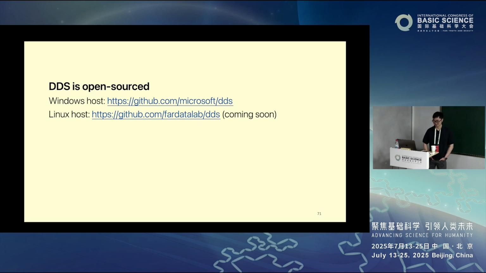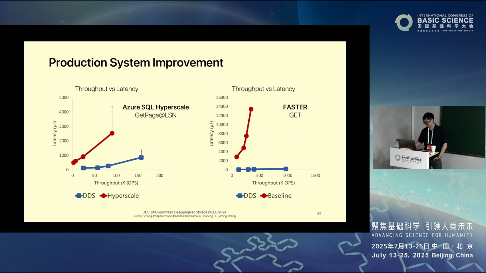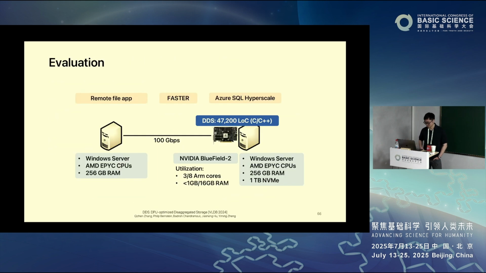For DDS, as I mentioned, we had two servers. This was a setup at Microsoft Research. I also purchased an NVIDIA BlueField 2, which is installed on one of the servers. We deploy our solution on the physical hardware and run production workloads to measure our system behavior.